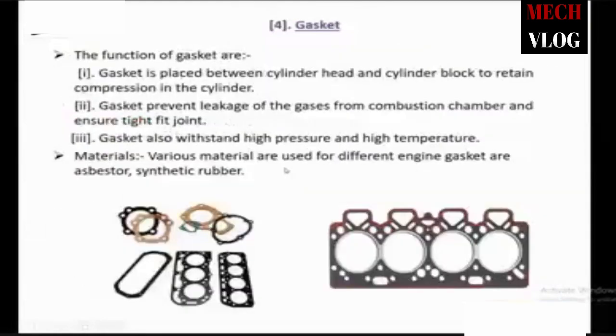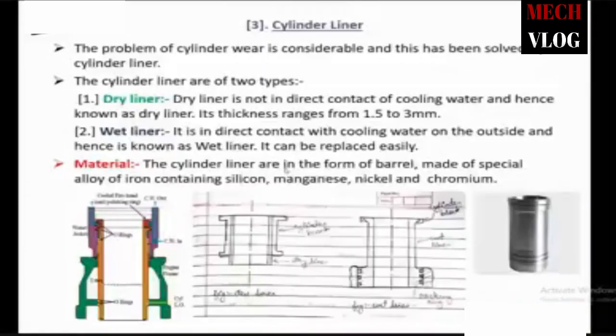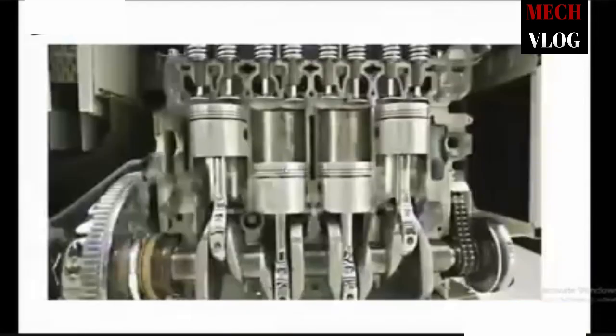Let's start with pistons. The function of pistons is, first, to transmit the force of explosion to the crankshaft. After the power stroke, the piston will move from top dead center to bottom dead center.